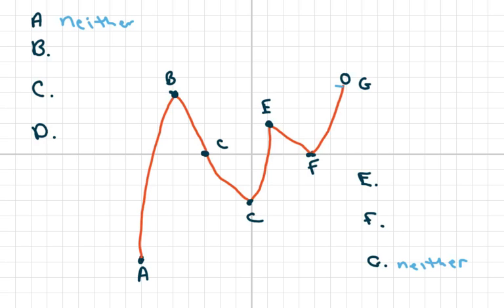We don't have any absolute max or min, because G is actually higher, even though it's an open circle. But B is a relative max.